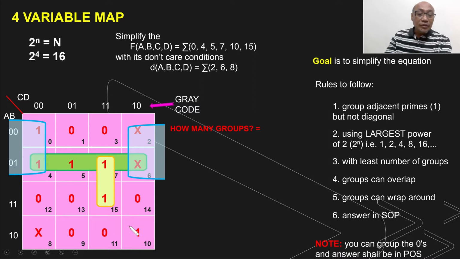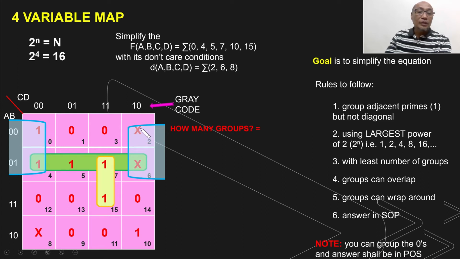Then, we try to consider this. Where can we group this? We can wrap it around here. So the 2 can be grouped together. If we are going to do that, did we use already the largest power of 2? It's 2 raised to n. The number of primes in a group is 2. If we try to consider these 2, we can wrap around them with this other 2 primes.